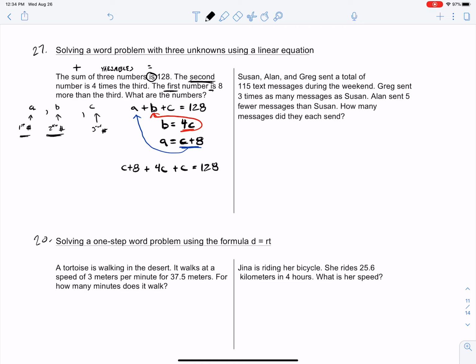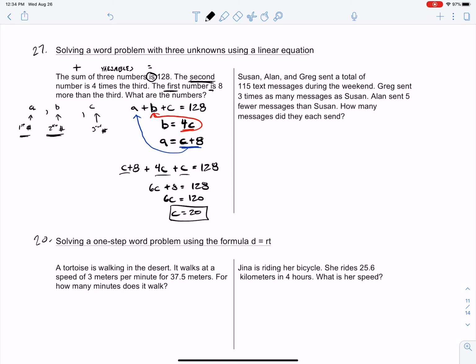What we need to do from here is combine our like terms. 1C plus 4C is 5C, plus another C is 6C, plus 8 equals 128. You minus 8 from both sides, you get 6C equals 120. Divide by 6, C equals 20.